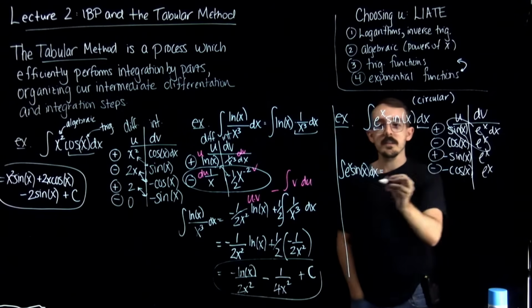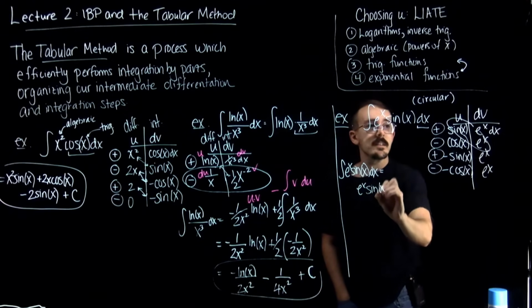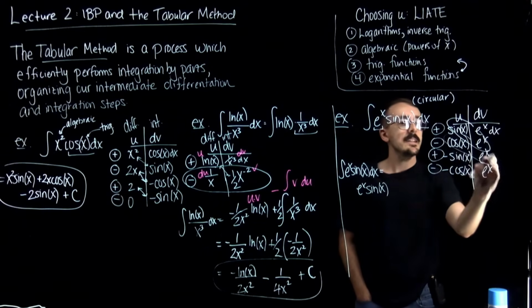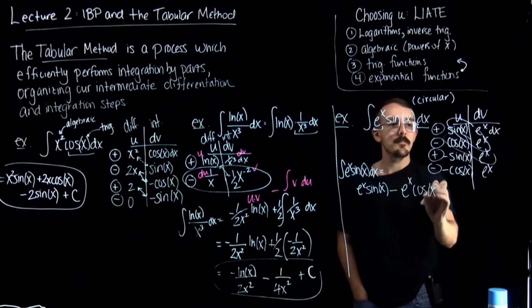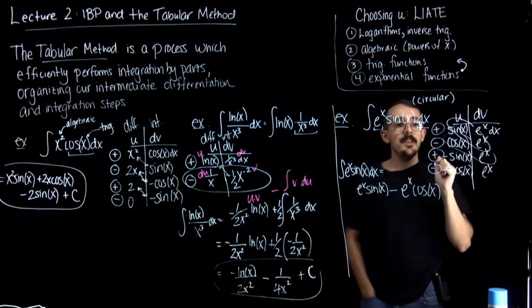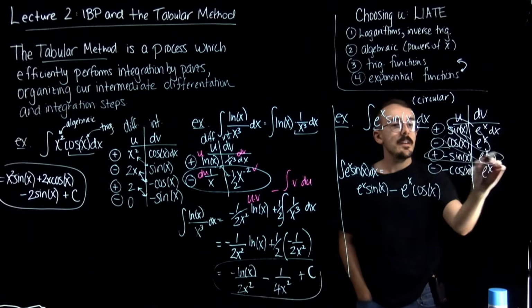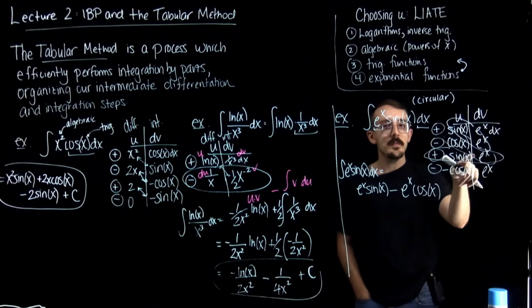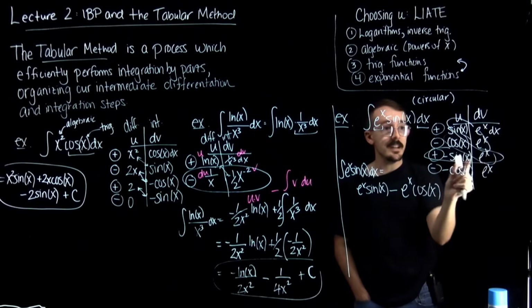My first diagonal is equal to e to the x sine of x. My second diagonal here is minus, because of the minus in front, e to the x cosine of x. And then notice, if I were to just stick to this horizontal row, this is the integral I started with. So that's the insight here.